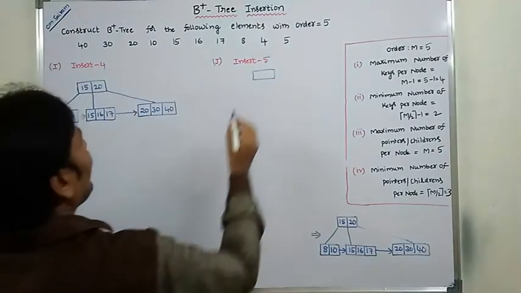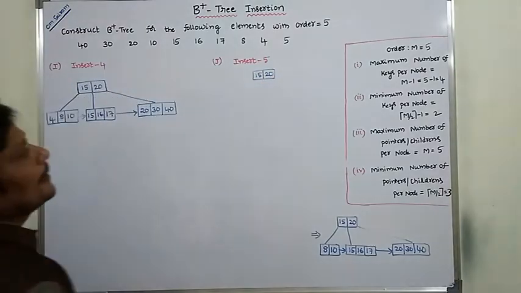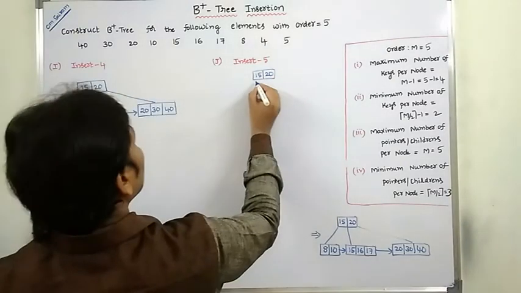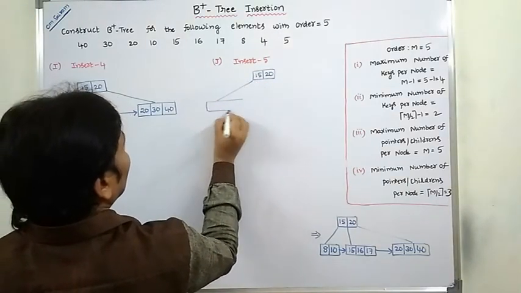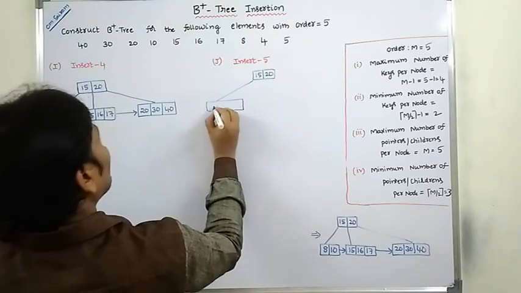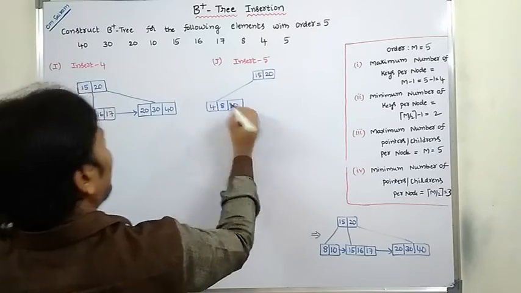So before inserting 5, the existing B plus tree contains a root node. That root node contains the key elements 15 and 20, and 15's left child is 4, 8 and 10.